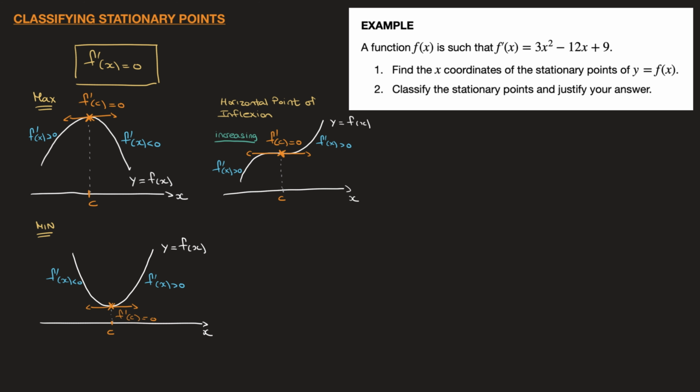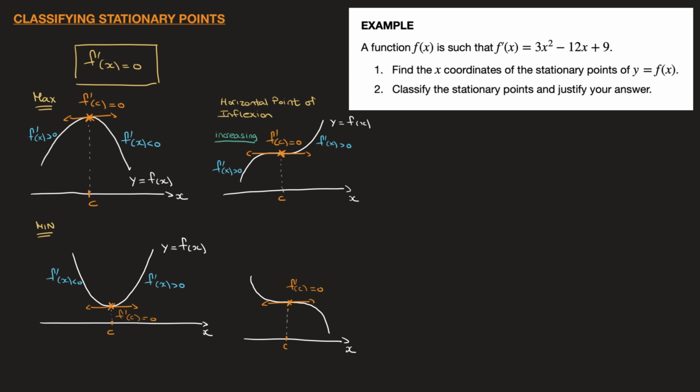And for the sake of completing this, I could quickly sketch a decreasing horizontal point of inflection down here. So again, I'd have an x-axis there, and somewhere here there'd be a stationary point. So right here, and I'll say that the x value there, once again, is c. The tangent here at this point is horizontal, and so f dash at c is equal to 0.